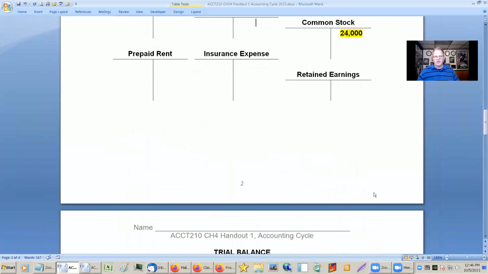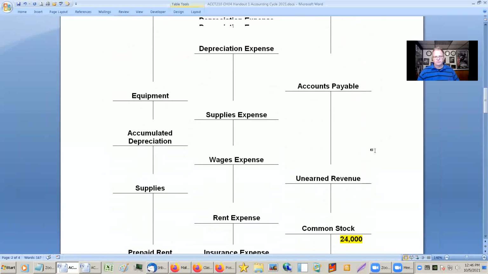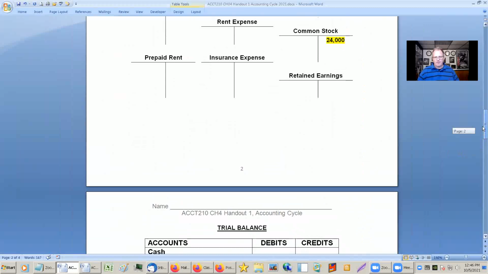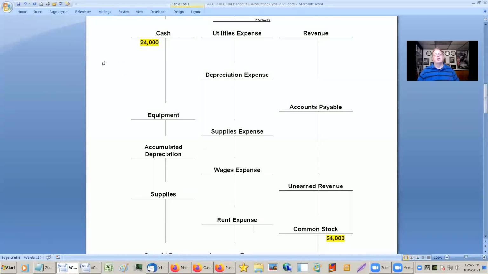Okay, so 24,000. You see the cash account up here has 24,000, and down here the common stock also has 24,000. So we just took that first journal entry and we posted it.